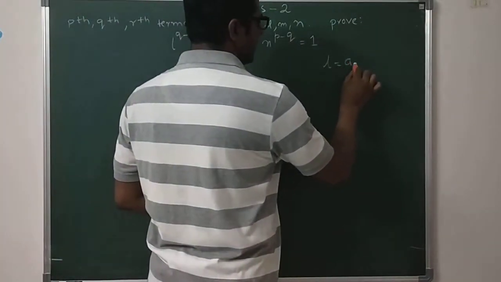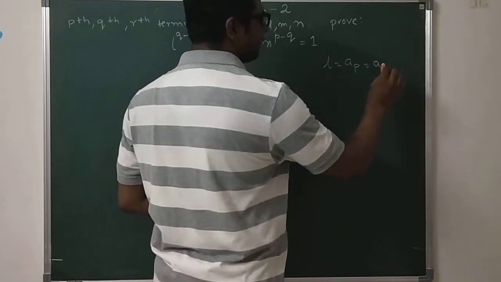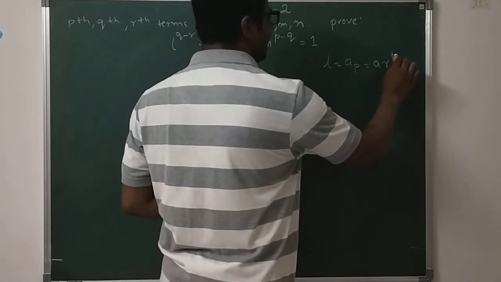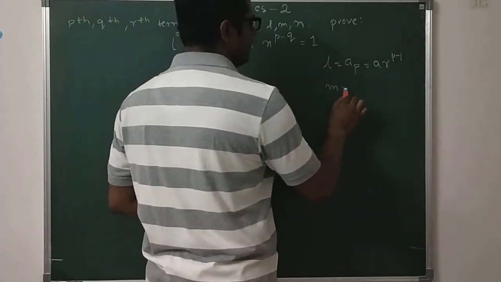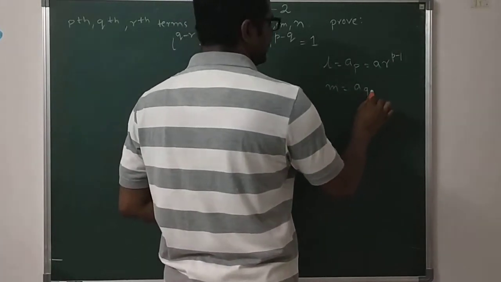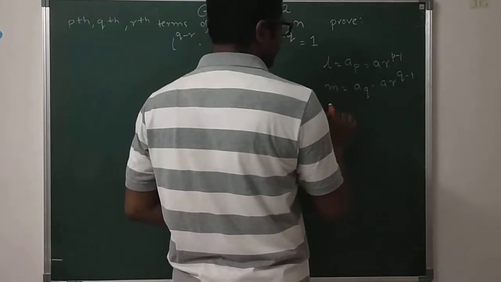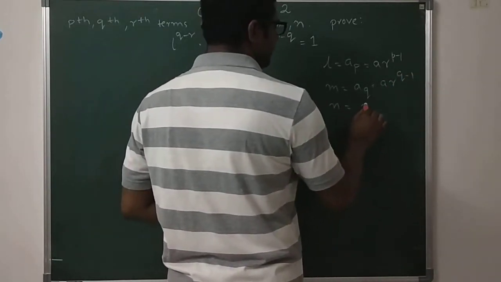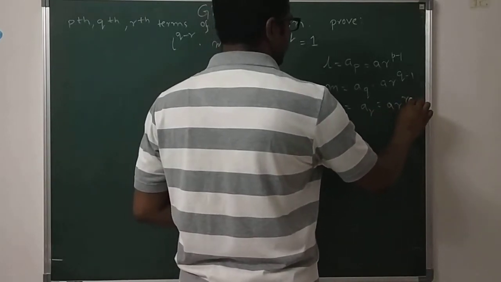So, I'll write L is equal to the Pth term. If I take the first term as A, I can write A into R^(P-1). What is M? Qth term, A R^(Q-1). What is N? Rth term, A R^(R-1).